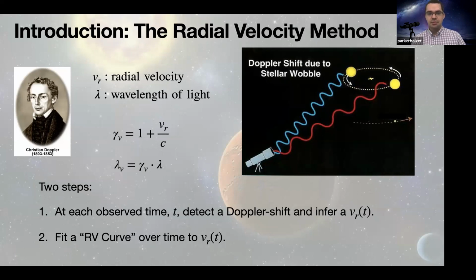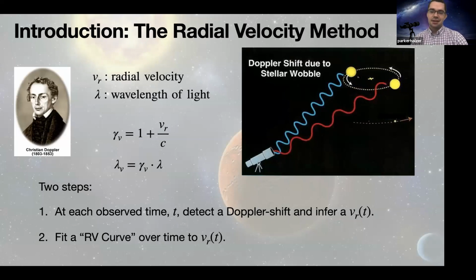And the general idea behind this radial velocity method is that if you have a planet orbiting a distant star, then the gravitational pull of that exoplanet will cause the star to wobble back and forth. Sometimes it'll be coming towards us, and sometimes it'll be going away from us.